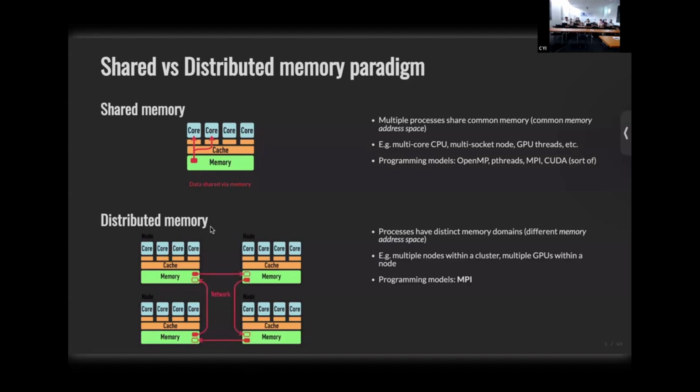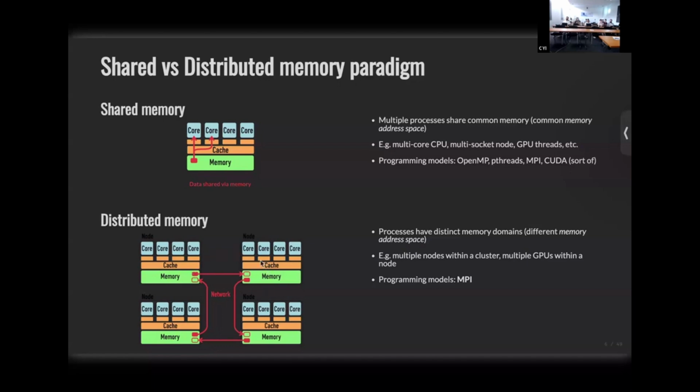In this case, if this core here that I'm pointing to wants to access some data that is on another node, then you need to do an explicit transfer of that data from one node to the other.